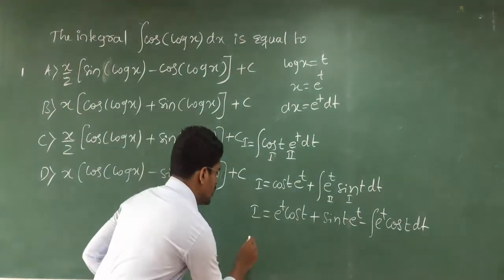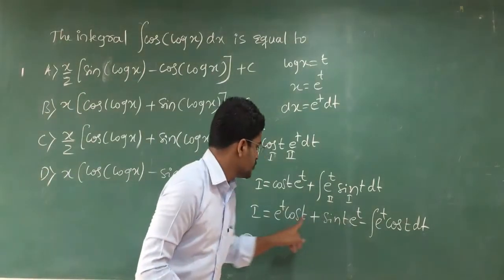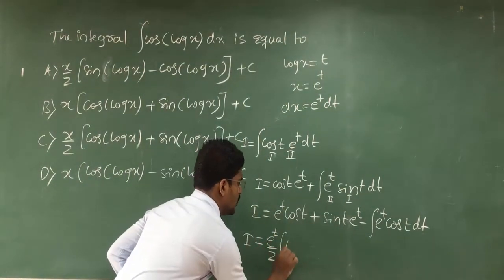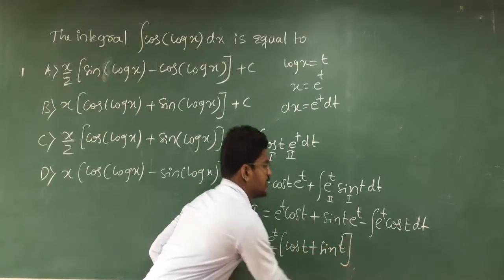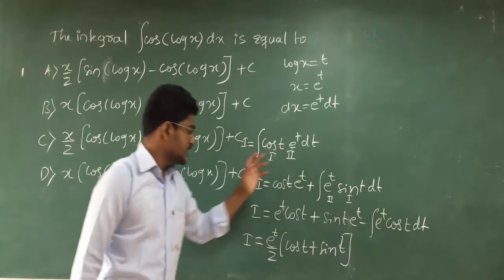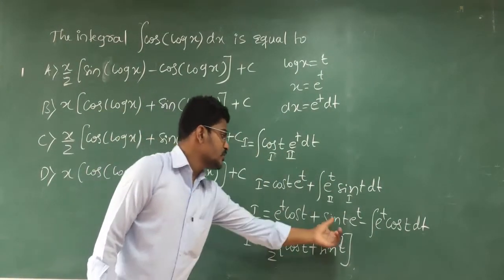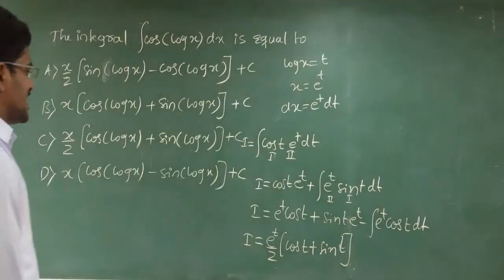So therefore 2I will be, e to the power of t is common, so it will be e to the power of t into cos t plus sin t. This term is minus, I will take this side, plus I plus I, 2I. 2 I will take on this side, e to the power of t is common, so I equals e to the power of t divided by 2, into cos t plus sin t.